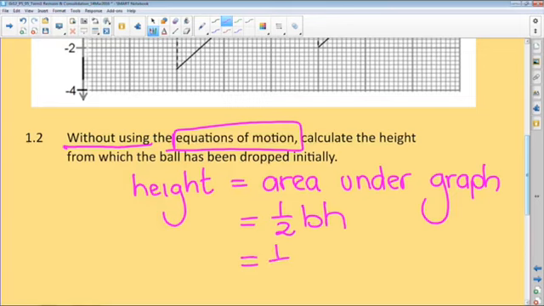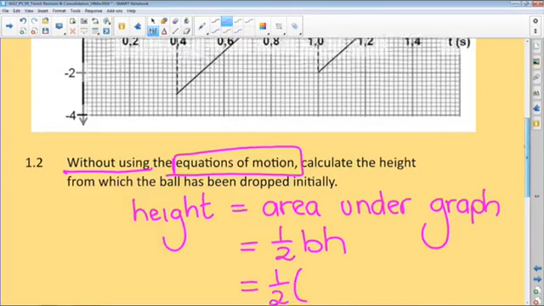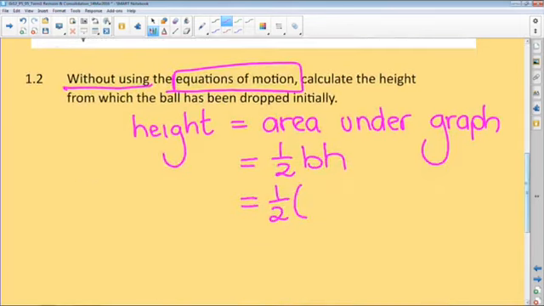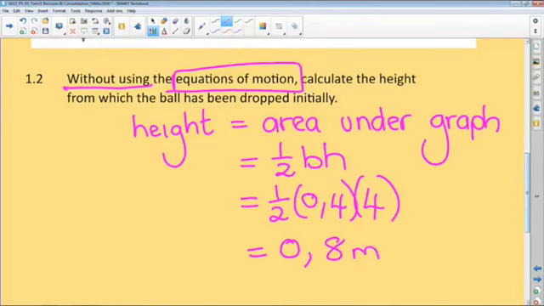So this is going to be a half times 0.4, that was the time, the base, and the height was 4, and I would expect you to do this on your calculator. Please don't feel bad if you can't do it in your head, but it's a half times 0.4, which is 0.2. 0.2 times 4 is 0.8, so it's dropped from a height of 0.8 meters.